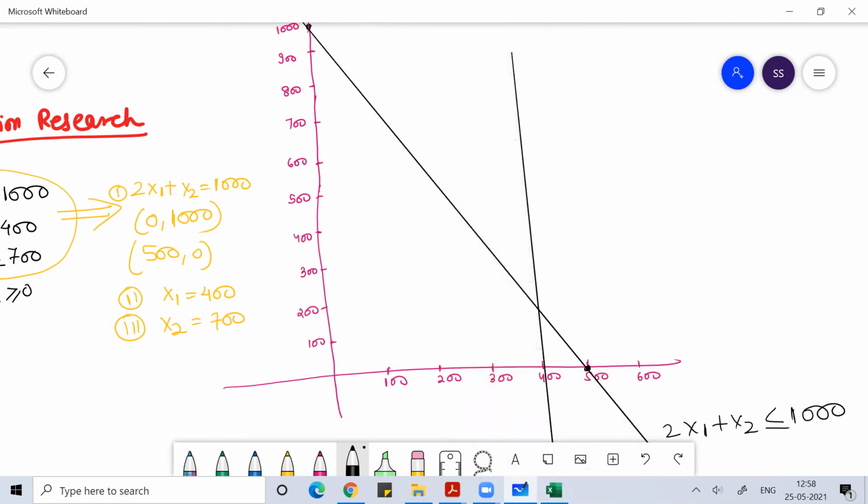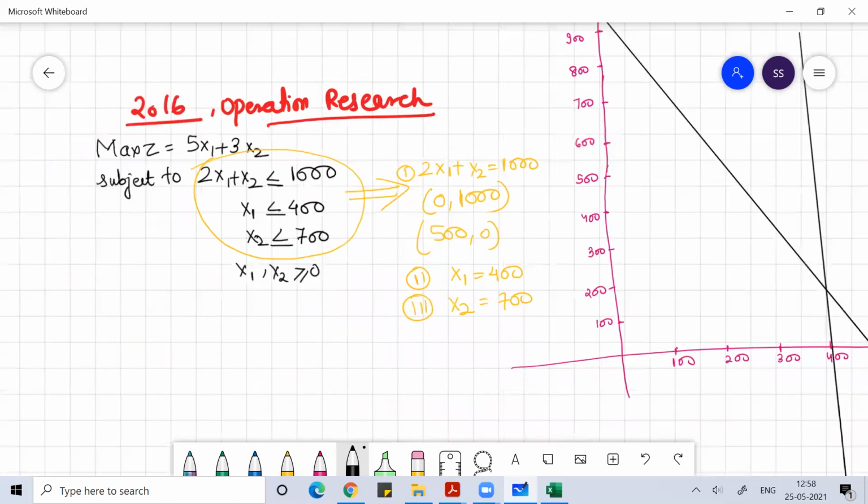This is x1 equal to 400. This is also then x1 less than or equal to 400.